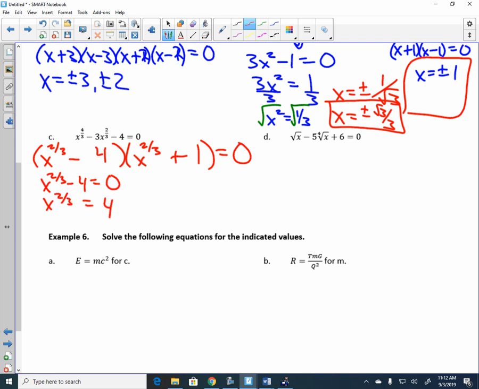But now you're worried, how do I get rid of an exponent of 2/3? What do you think?